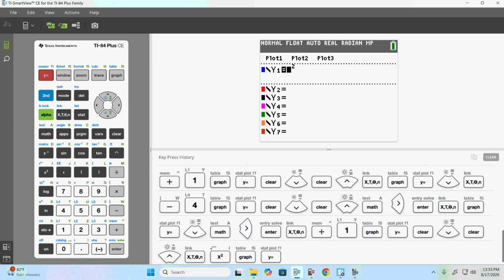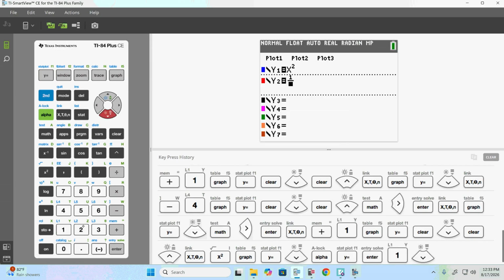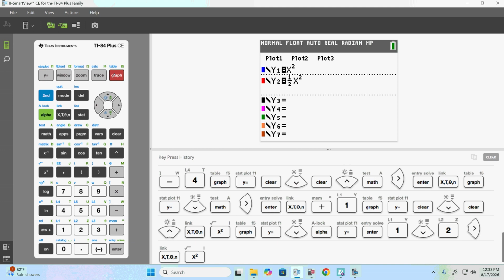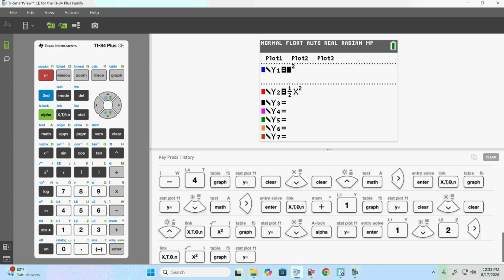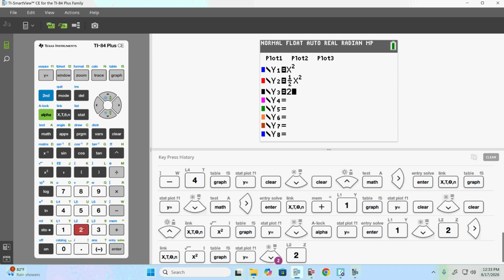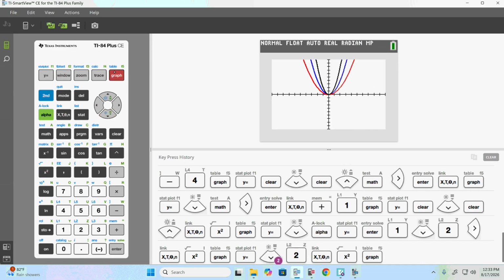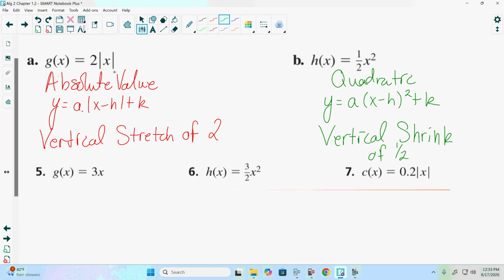And as we just said, for 1/2 x squared, it got wider. The first one, 2x squared, narrower. Questions on A or B?